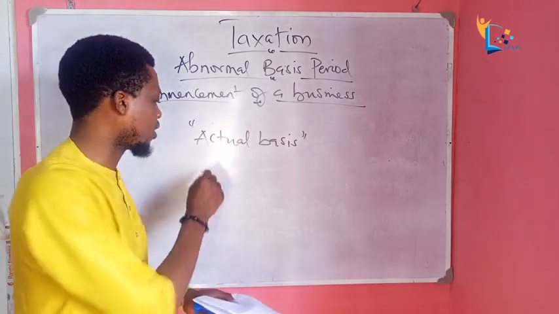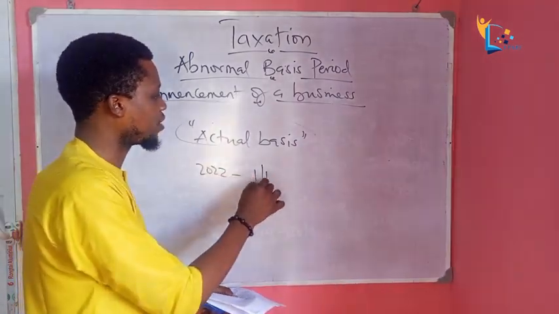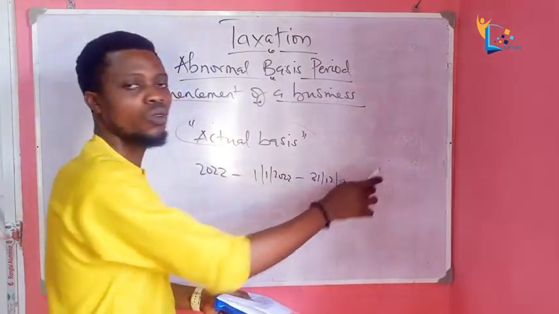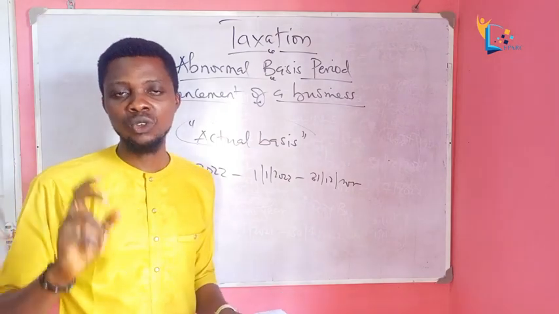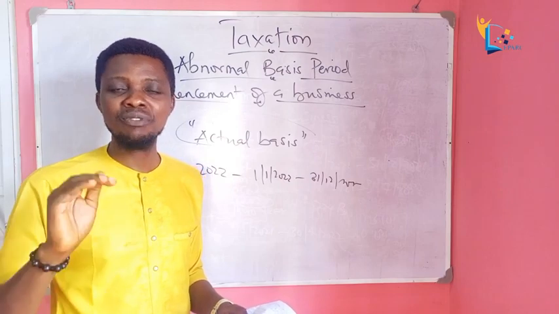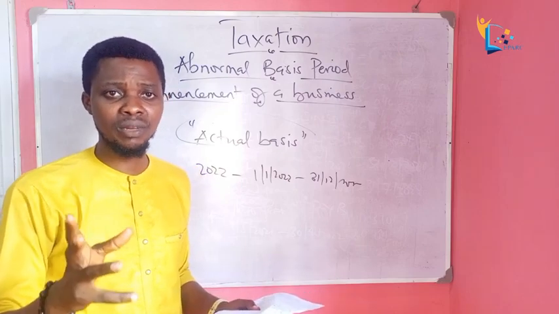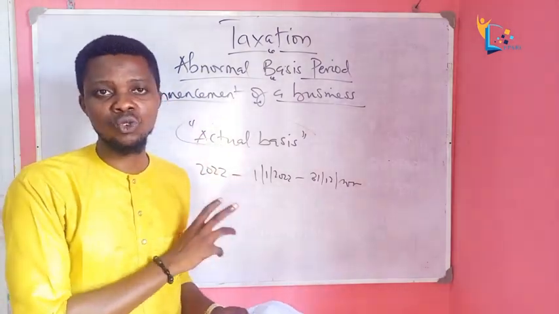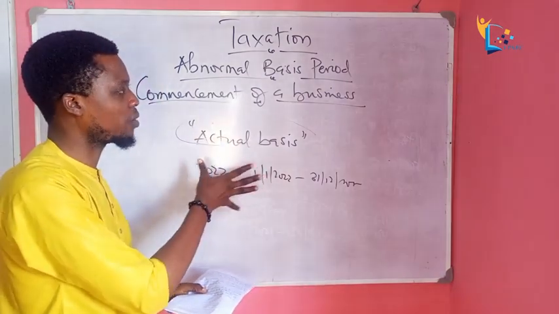For instance, if you are looking at 2022, actual basis simply means 1st of January 2022 to 31st December 2022. And the taxpayer must give a notice to the relevant tax authority within 2 years after the end of the second year of assessment. Okay? So that is basically all about the rules governing commencement of business.